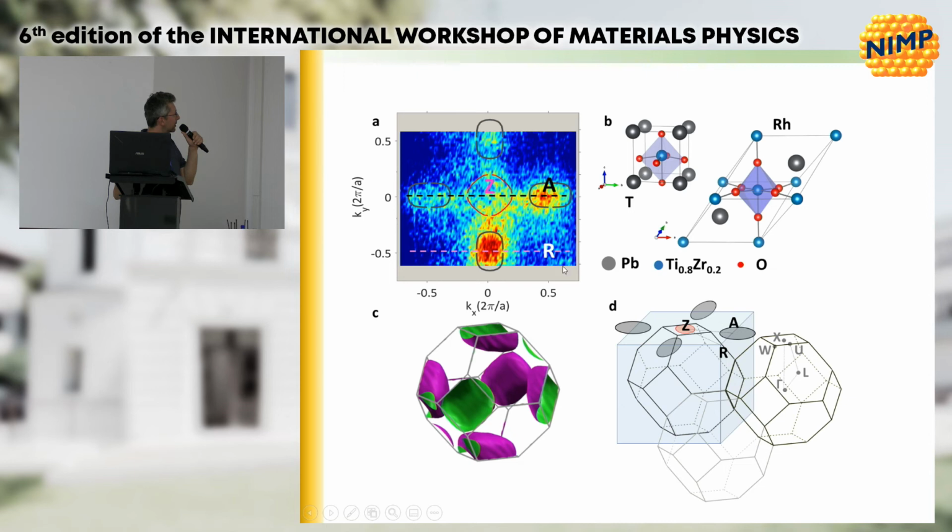Basically, the features appearing in the A point correspond to cutting the rhombohedral Fermi surface calculated here along the central plane, which is gamma 1 crossing through the gamma L line.